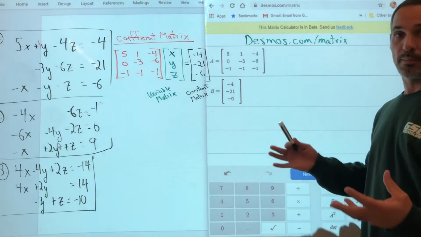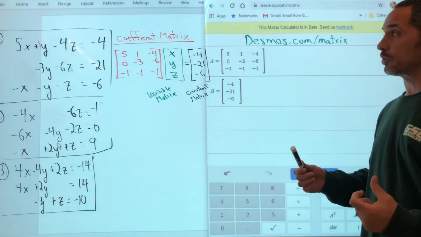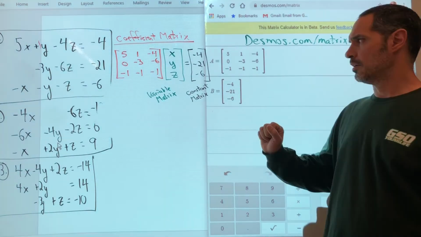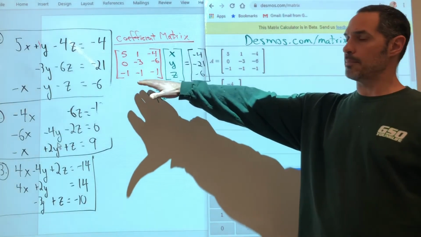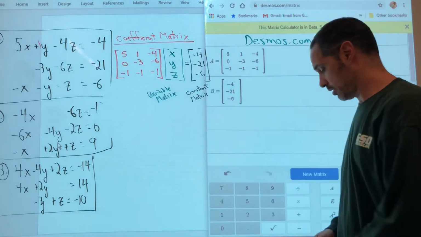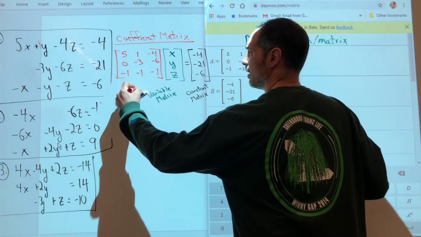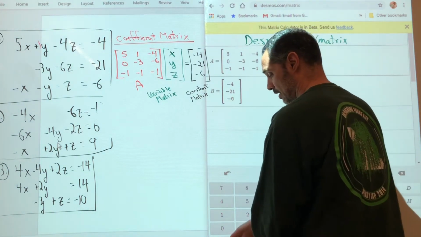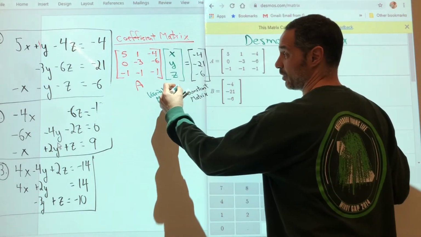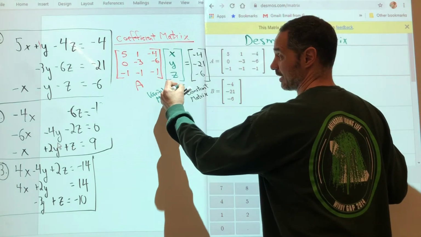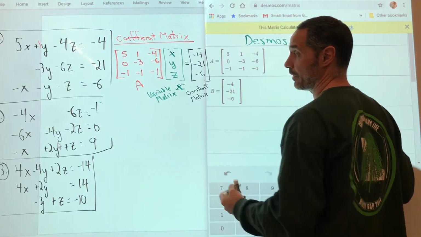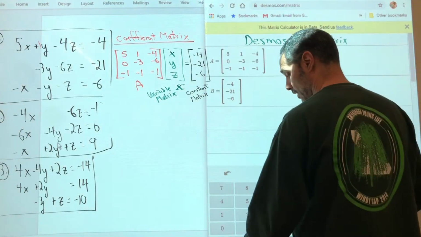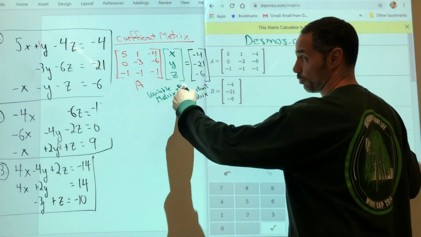So we've set up a matrix equation. And in order to solve this, I'm going to assign letters to these matrices. So I'm going to label this matrix A. I'm going to label this over here, this variable matrix, the thing that we don't know, I'm just going to call that matrix X. And when we call a variable a matrix, we're just going to make sure it's a capital X, because it means there's more than one variable in there.